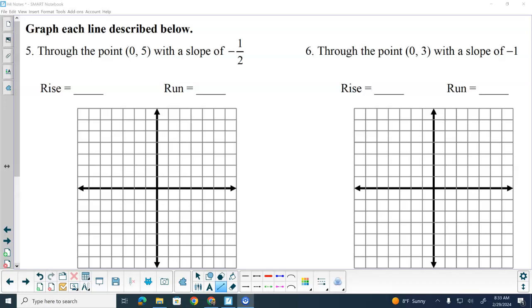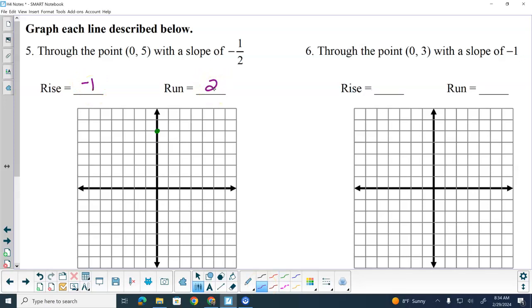Adrian, where to? Where's the point 0, comma 5? Up 5? Slope of negative 1/2 gives me a rise of negative 1, run of positive 2. Okay? So we could go negative 1 and a positive 2 there.